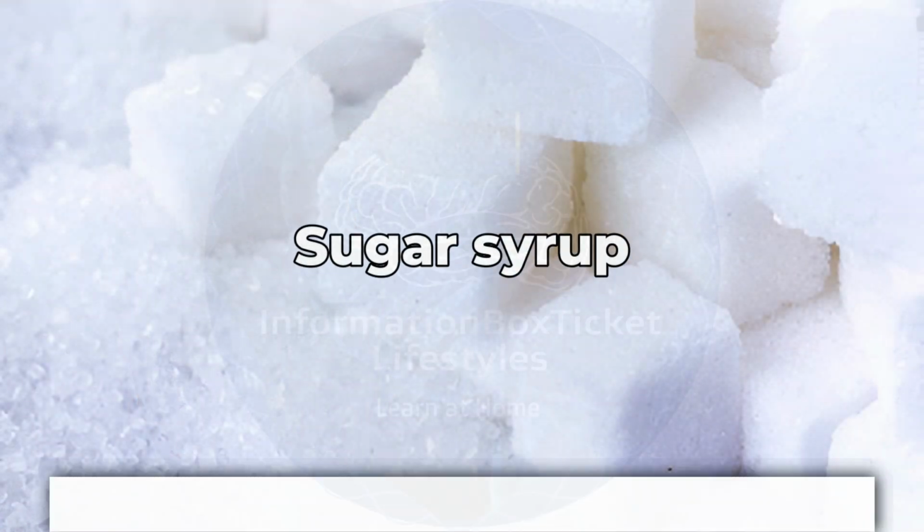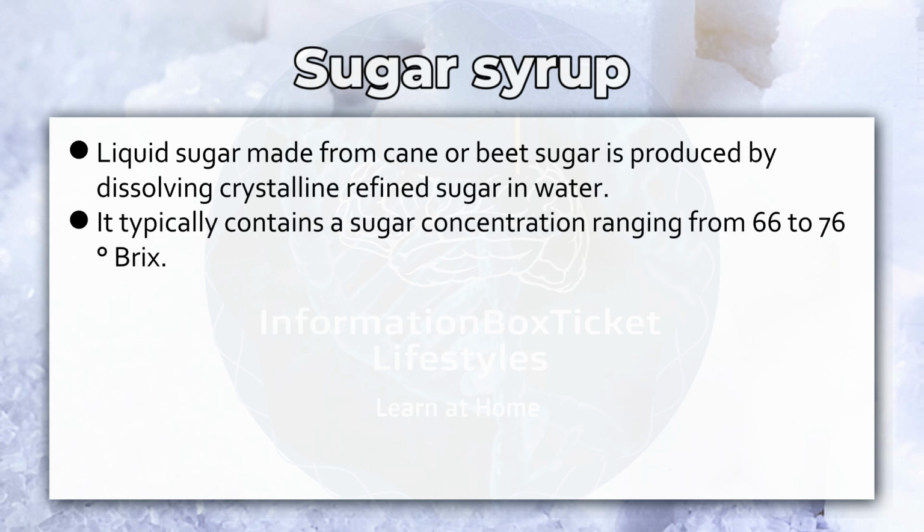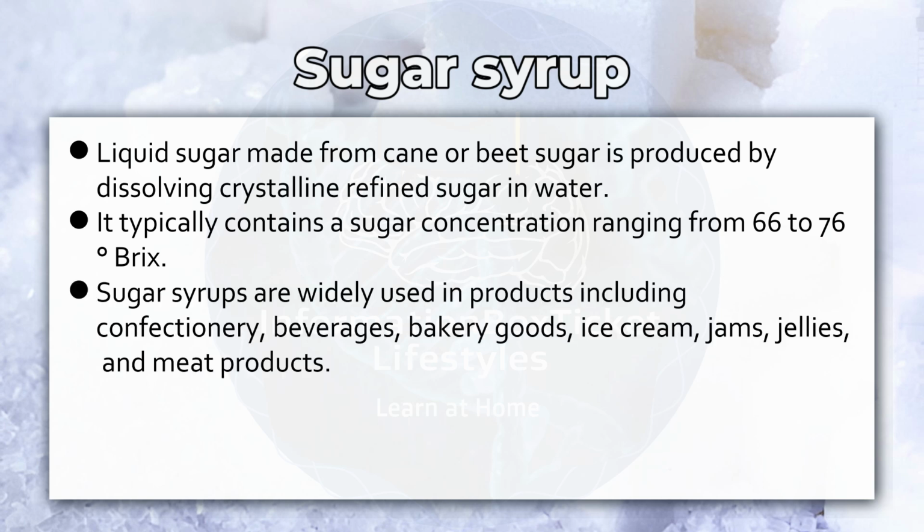Sugar syrup. Liquid sugar made from cane or beet sugar is produced by dissolving crystalline refined sugar in water. It typically contains a sugar concentration ranging from 66 to 76 degrees Brix. Sugar syrups are widely used in products including confectionery, beverages, bakery goods, ice cream, jams, jellies, and meat products.